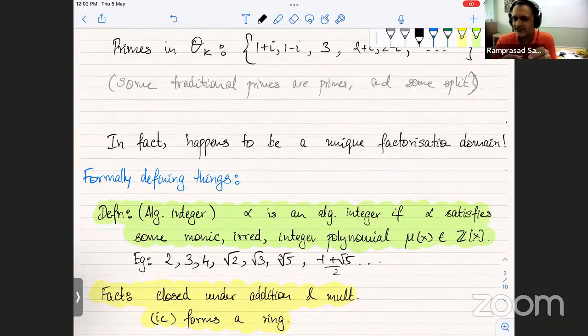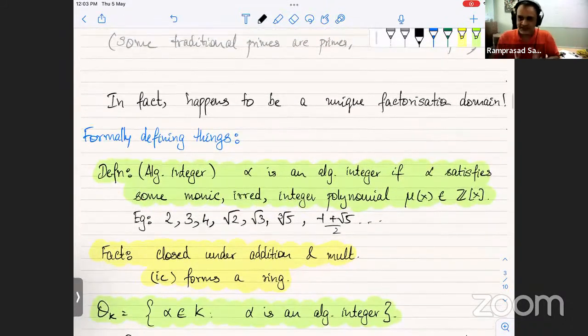Okay, it's not obvious because if alpha satisfies a polynomial mu x, which is an integer monic irreducible polynomial, and beta satisfies some other mu x, firstly, it's not even clear what is the smallest polynomial that alpha times beta satisfies or alpha plus beta satisfies, and why should it also be a monic integer polynomial? But turns out it is. Okay, and turns out it forms a ring. I'm not going to go into the proofs or anything of this sort. So now you know what integer-like elements are.